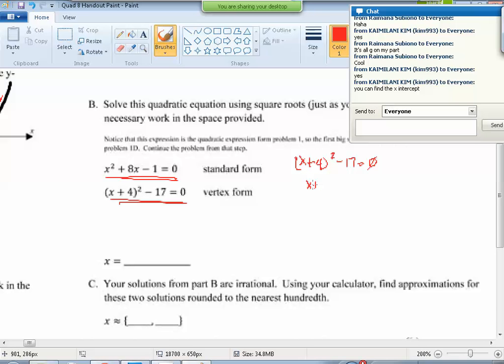Are we cool? All right. Someone online, what's the next step? You guys got it? What do I need to get rid of? What layer do I need to peel off here?